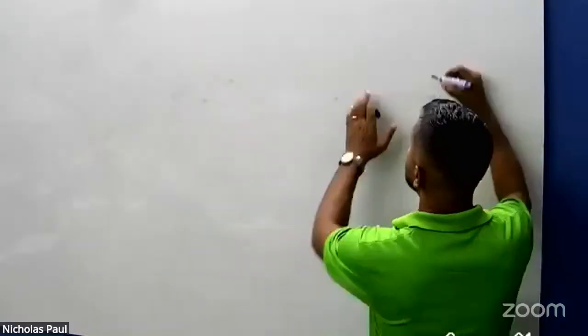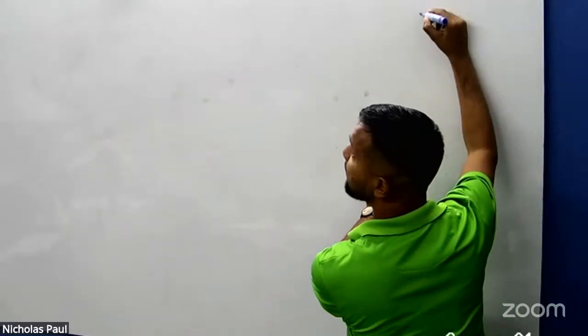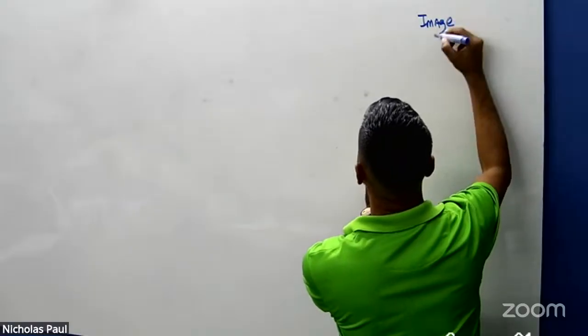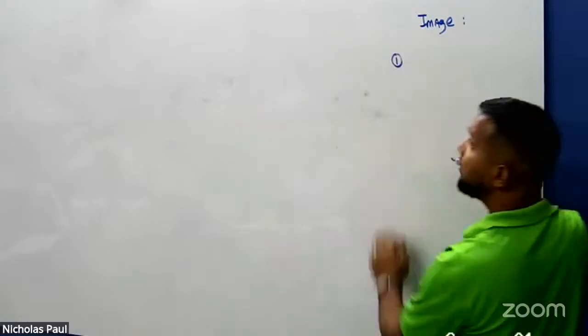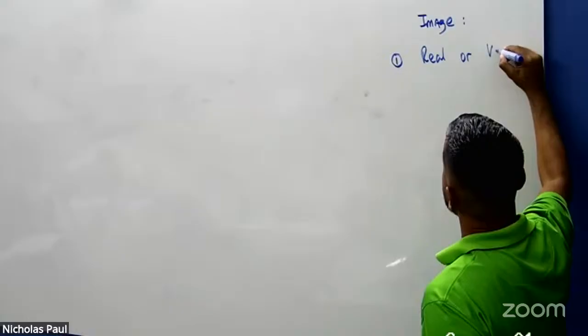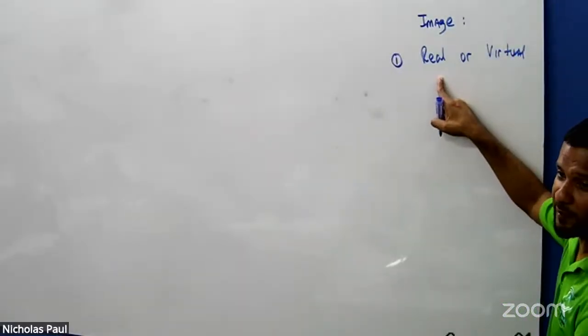Number 1, we need to know if the image is real or virtual. Real simple: you're looking to see if lines are meeting or not meeting.